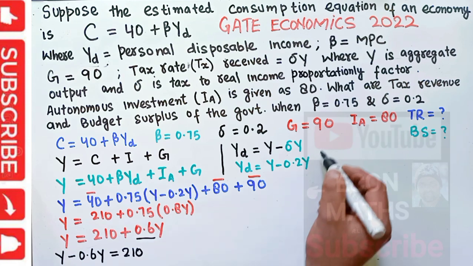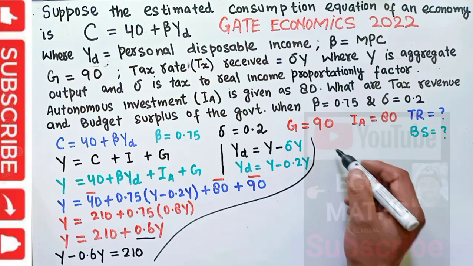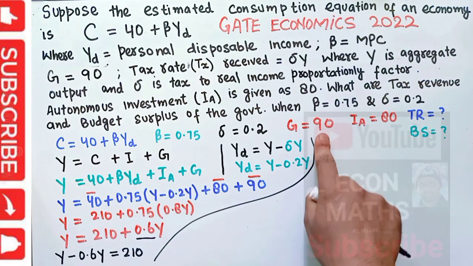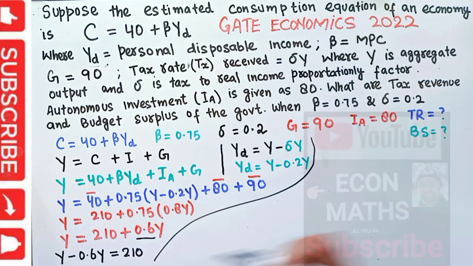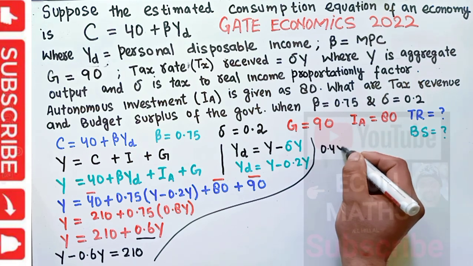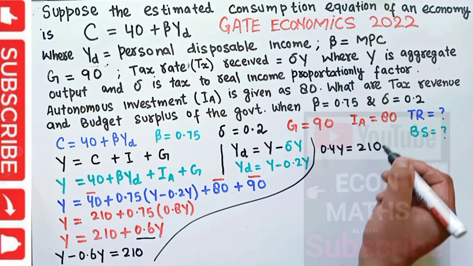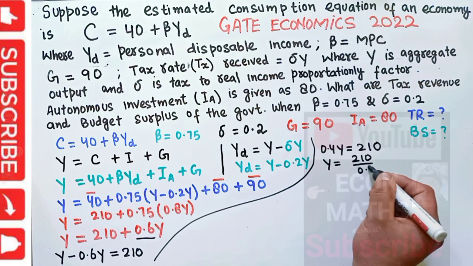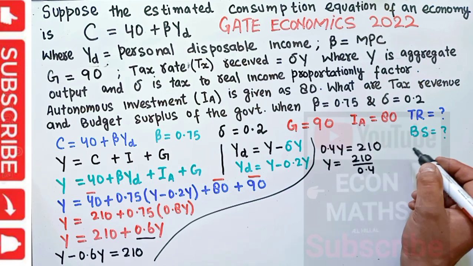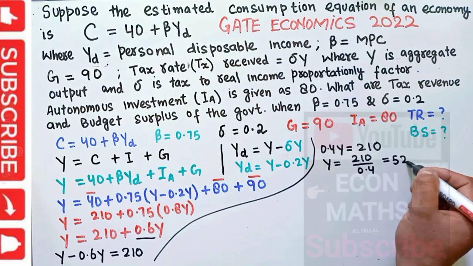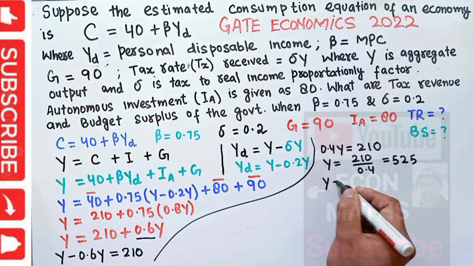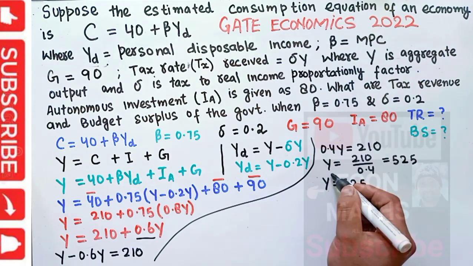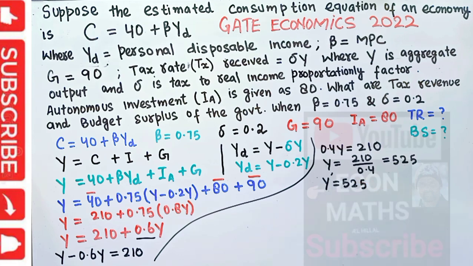Let us subtract 0.6 Y from Y, so we will be left with 0.4 Y equal to 210, or Y will be equal to 210 upon 0.4, which eventually will come out to be 525. So we got the equilibrium level of income as 525 in this economy. Let us denote it by Y star or Y dash.